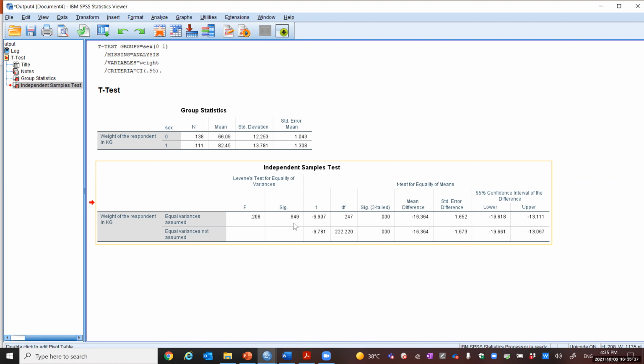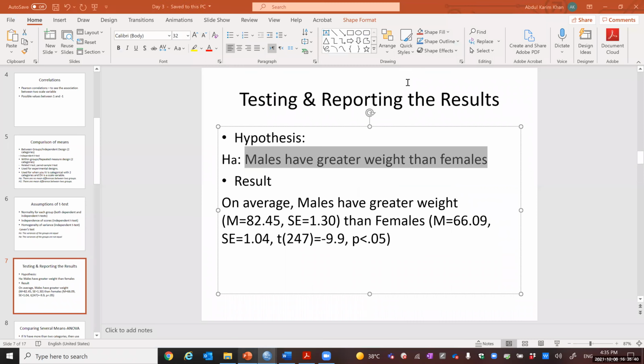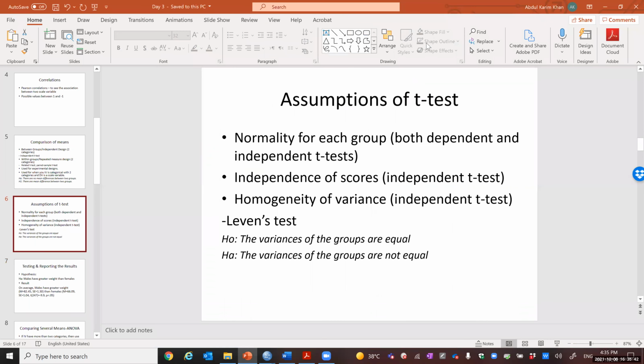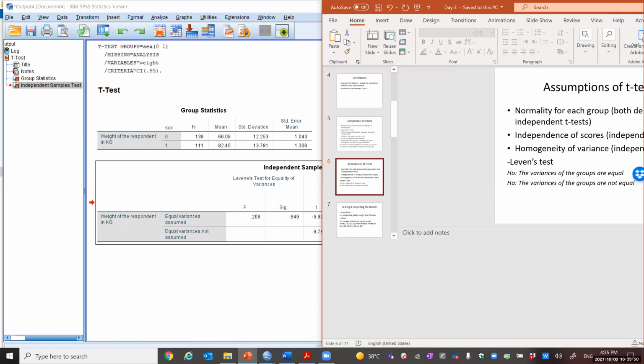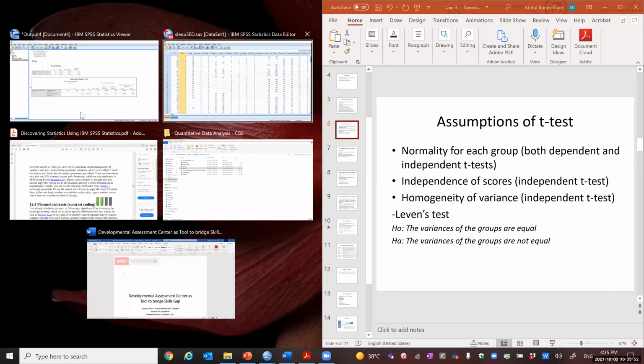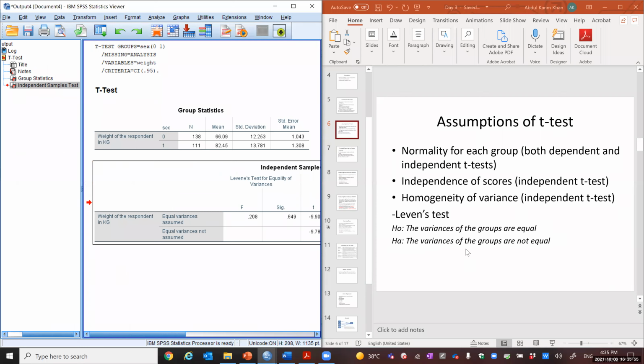Go to the slides which we just talked about. Okay, let me open the slides here as well. Now you can see that my H0 was that the variances of the groups are equal, and my alternate hypothesis is that the variances of the groups are not equal.